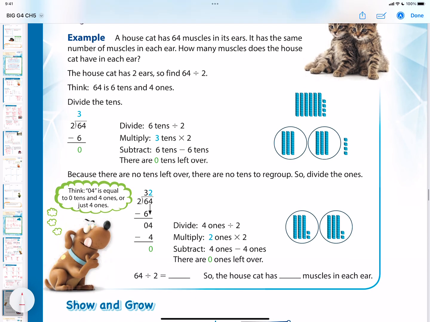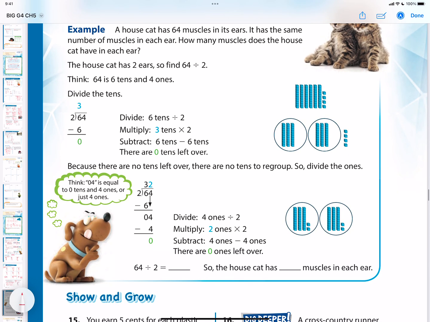Okay, since we practice this, M S B R, yes. Multiply, subtract, bring it down, repeat. So 64, don't think that's too much. 64 divided by 2. Now we know 2 times 3 is going to be 6, right?